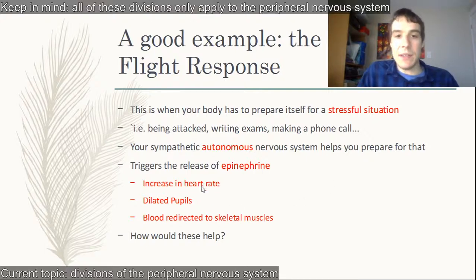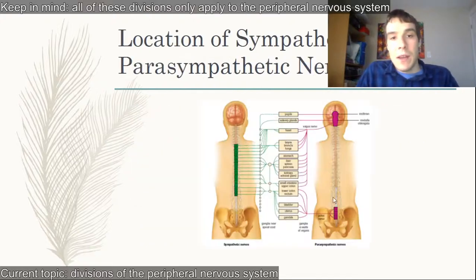It increases your heart rate, dilates your pupils, and redirects blood to your muscles, makes the blood go faster to the muscles. How do these help? Heart rate means you have more oxygen circulating. Pupils dilated means you can see better. And blood to the skeletal muscles means your muscles are ready for action, ready to use those energy molecules.